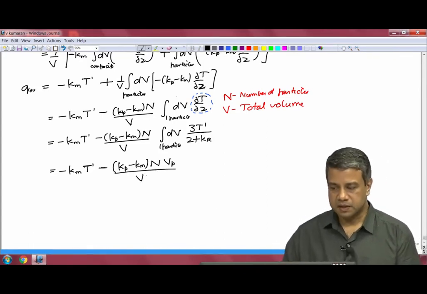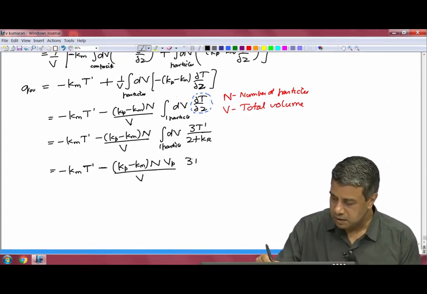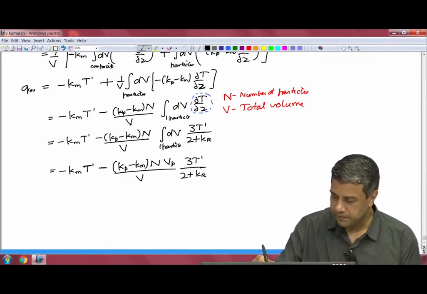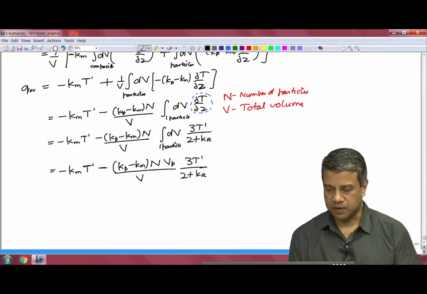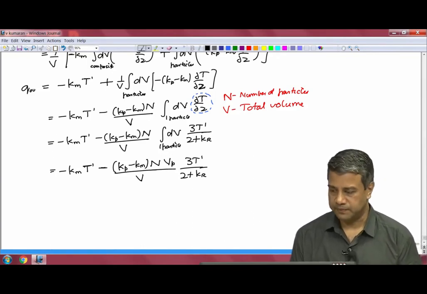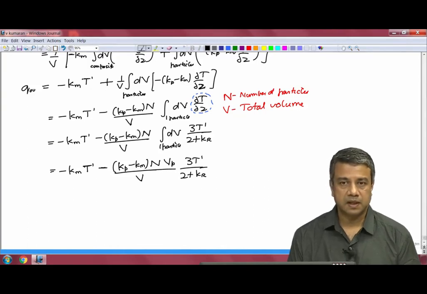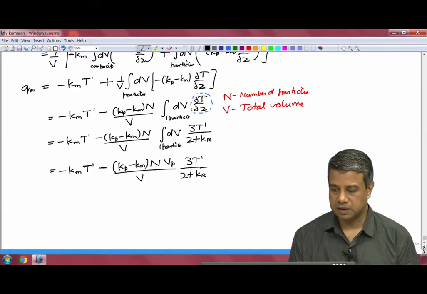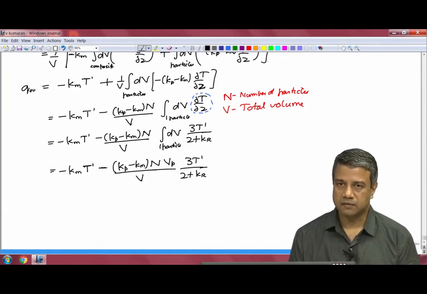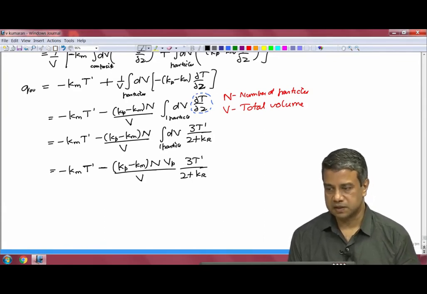Times the volume of one particle divided by the total volume, times 3T′ by 2 plus Kr, because I am taking the integral of a constant over the volume of one particle. Therefore, I get only the volume of the particle times this constant.